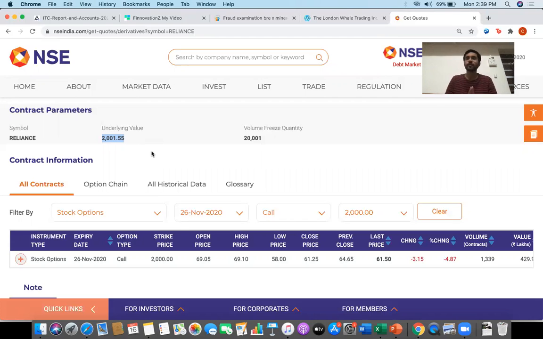The payoff of buying a share is nothing but either 2200 or 1800, because payoff is your cash inflow on maturity. If you buy a share today, your cash inflow on maturity will be the share price on 26th of November, because you can sell that share and receive a cash inflow of that amount.